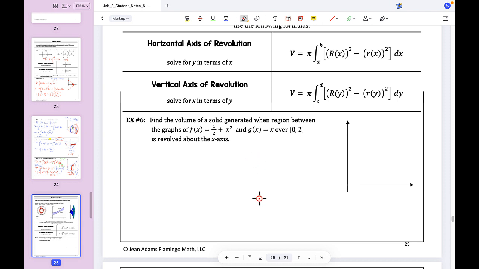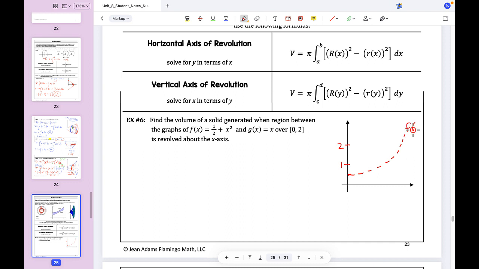Okay, so f of x equals 1/2 plus x squared. So let's just get a general idea of what that's going to look like right here. So here's 1, here's 2. That's going to be a parabola starting at 1/2, and it doesn't have to be perfect, but it's parabolic, okay?